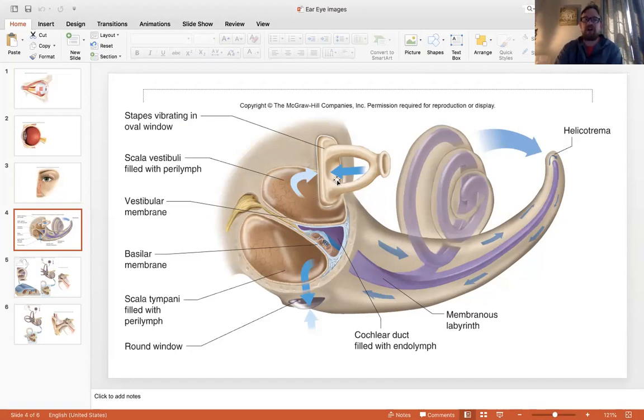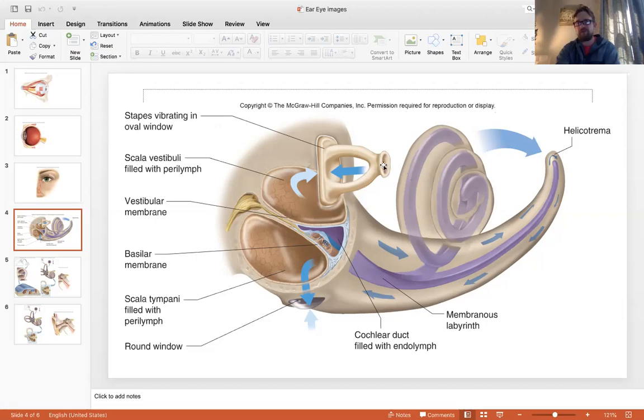And those vibrations are coming from that 3rd auditory ossicle called the stapes. So this is one of those small bones in the ear. Connected over here, you'd have another small bone, and connected over here, you'd have another one, because remember, there are 3 auditory ossicles.